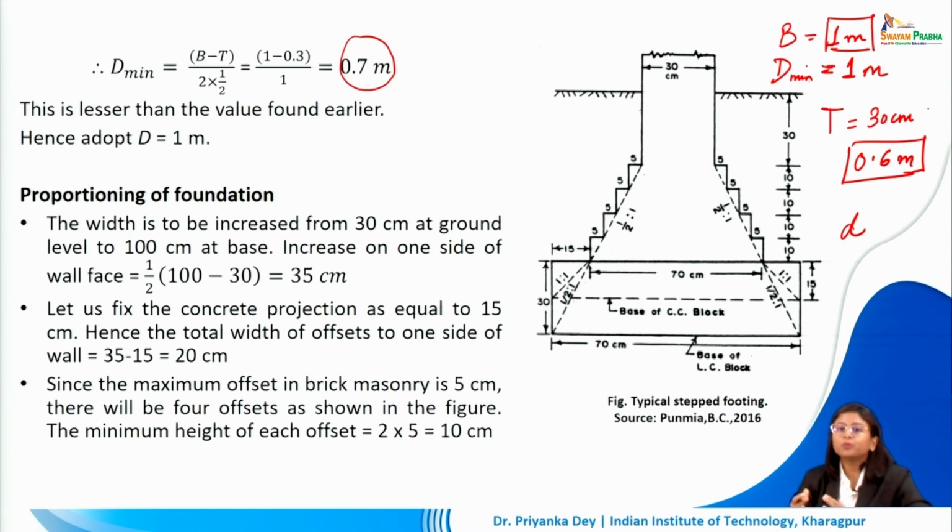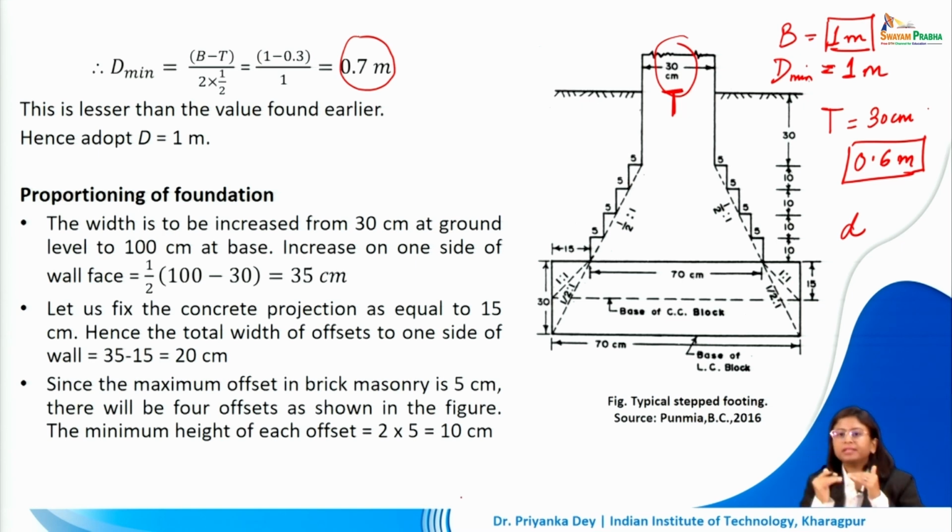Now how do we proportion the foundation into various parts? Now the width has to increase from 30 centimeters at the ground level, which is my thickness of the wall, the capital T. It was 30 centimeters, so that's my starting point. From the 30 centimeter I have to go all the way to 1 meter or 100 centimeter at the base, which is my capital D.